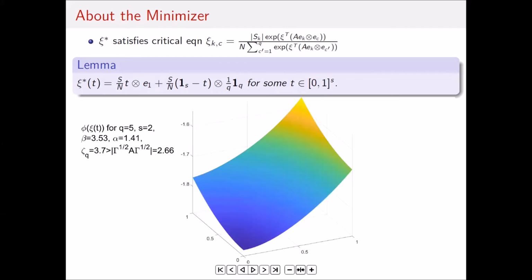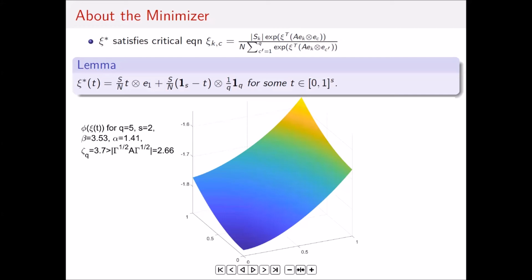If you look at the function phi as a function of the variable t, then you will, in this case, for example, see directly that the minimum is uniquely achieved at t equal to 0, and this corresponds to our favorite candidate psi, because it's just the uniform vector psi.